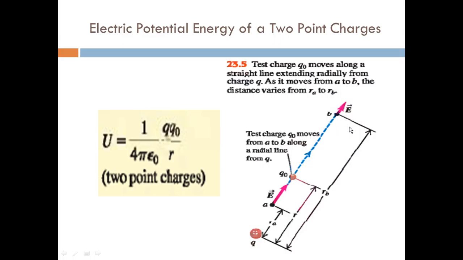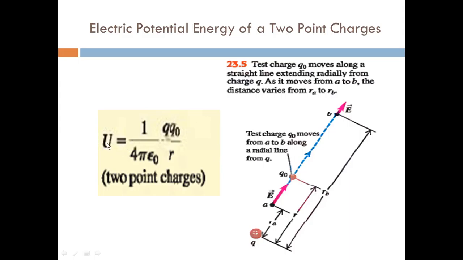Point B is associated with the lower potential energy, since the tendency is for Q to push Q sub O from a higher potential to a lower potential. So the next question is, how much potential energy was lost in the movement of Q sub O from point A to point B?